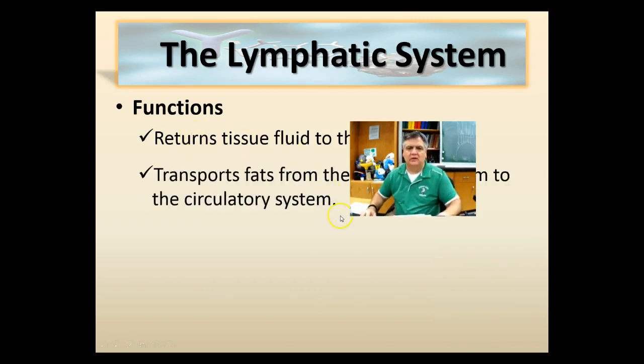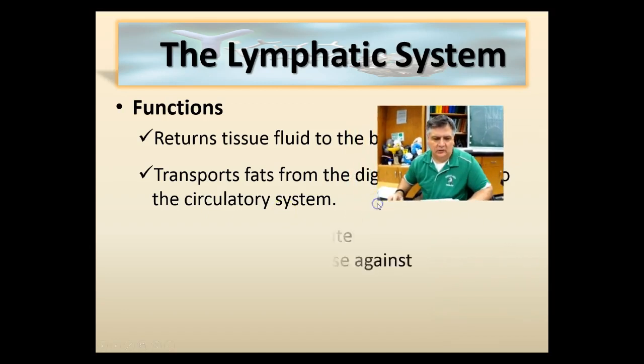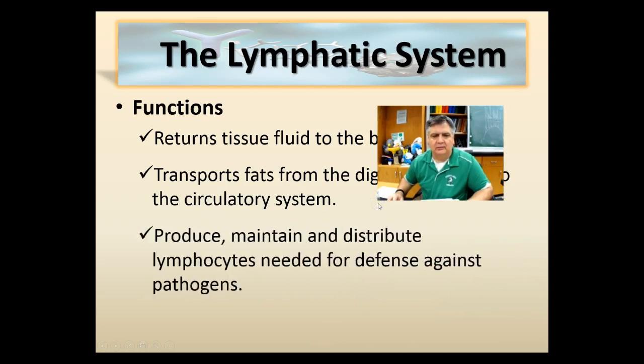Okay, another function of the lymphatic system is to transport fats from the digestive system back into the circulatory system. We'll be taking a look at that in more detail as we go along. Next up, and this is where our main focus is going to be throughout the rest of this discussion, is that the lymphatic system produces, maintains, and distributes lymphocytes, which are needed for defense against pathogens.